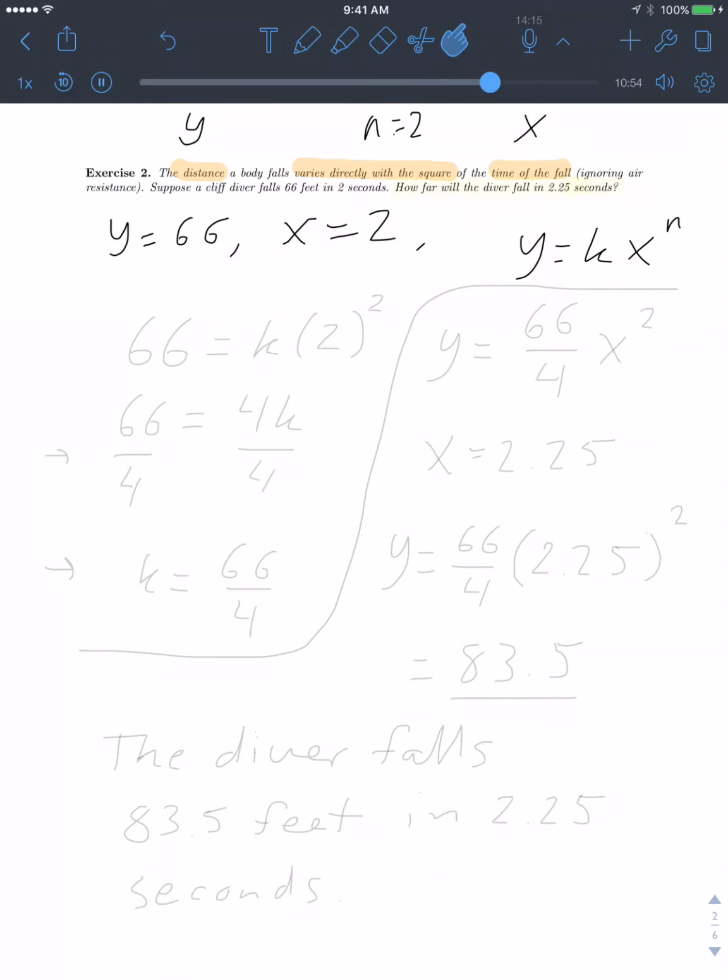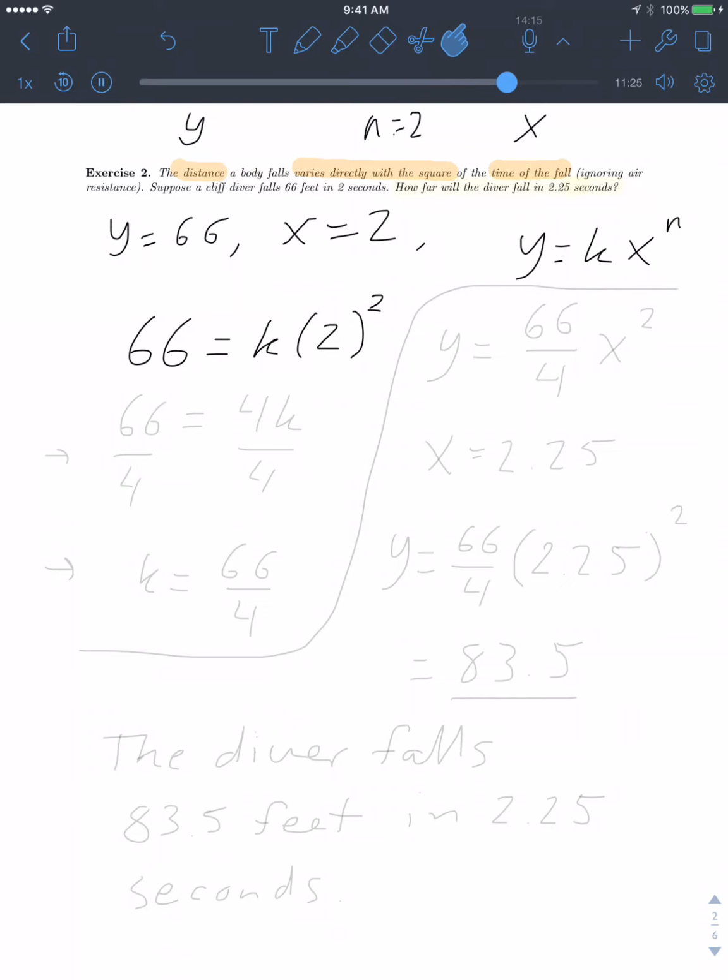Now if we put these pieces all together, we'll see something a little bit more interesting. So if we have 66 equal to k, which we are not told, times x, we know x is 2, and the power in this case is the second. Y varies directly with the square of x.